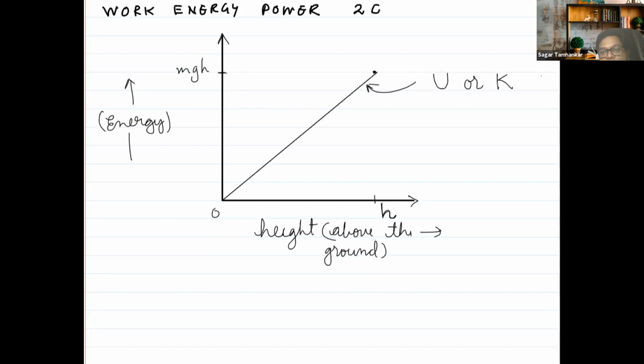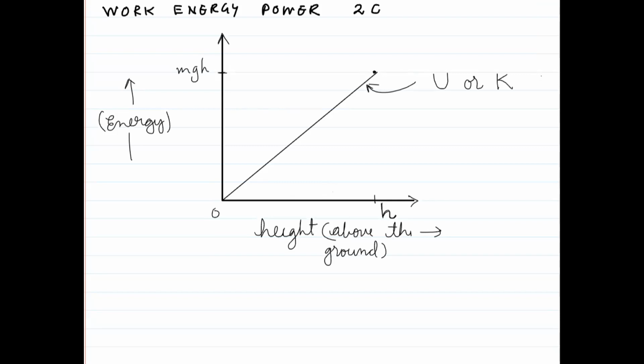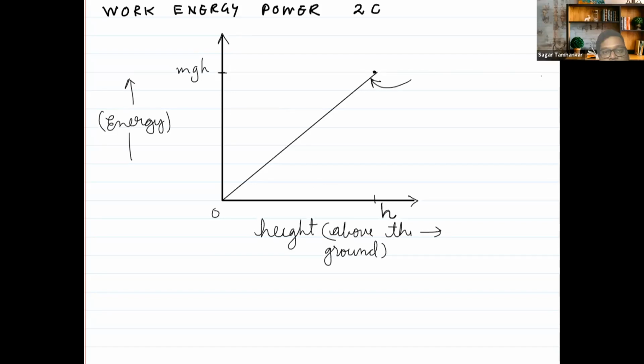Tisha, what do you think? Potential energy. And Naisha? I don't know. Okay. The answer is, it is showing you potential energy. The reason being, Naisha, you can see that the height increases, the energy also increases. And you know what potential energy is, that is mgh.